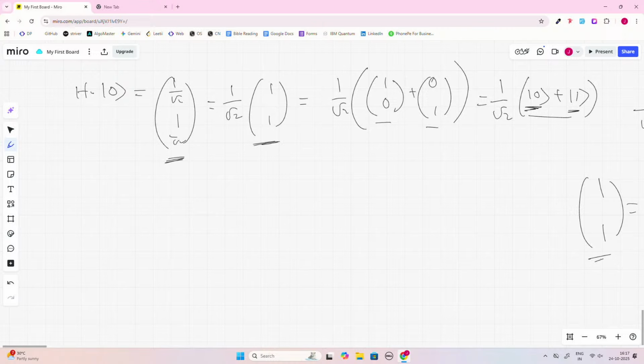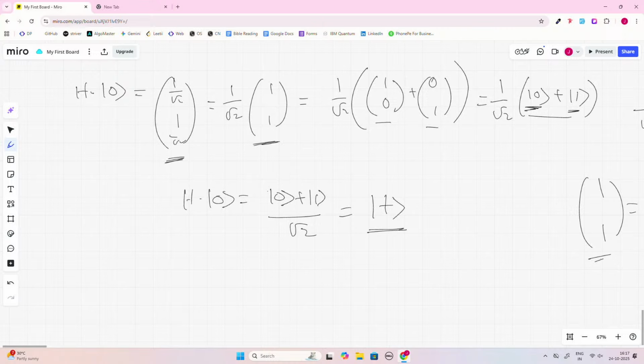H with 0 gives me this, so I can write it like this. I will call this the plus state: ket 0 plus ket 1 divided by root 2.